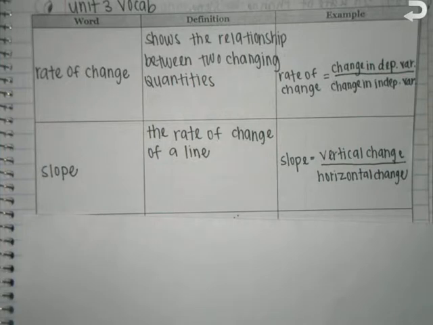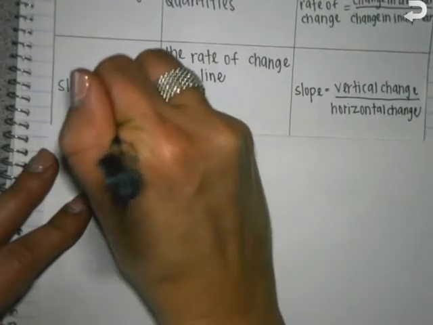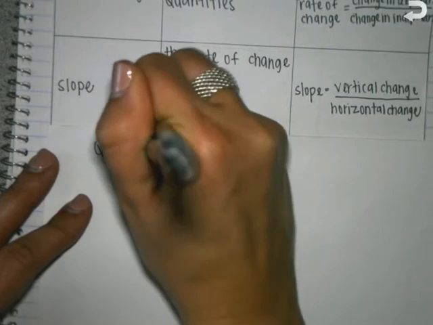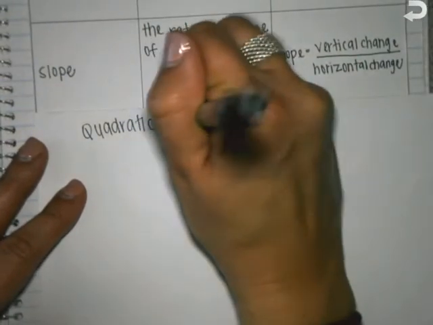Just like a family, each function family has what is called a parent function. The parent function is the simplest form of the function that we can write. For example, and you don't have to write this down, in the quadratic function family, the parent function would be f of x equals x squared.